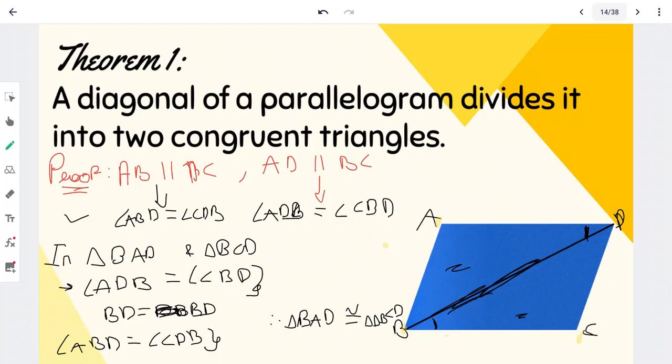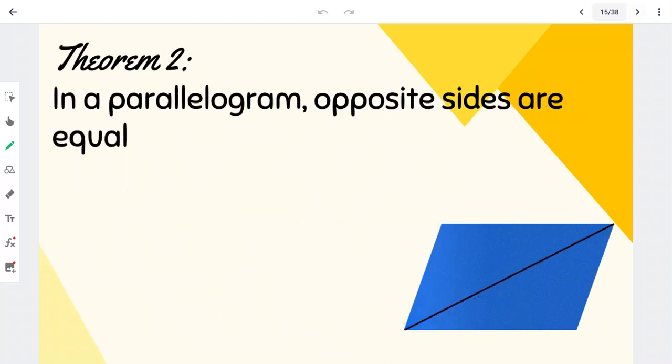One side is there, and ABD equal to CDB, these are the two angles which we have, and the side is between them. So by ASA we can say that these two are congruent. So we proved that they are congruent.